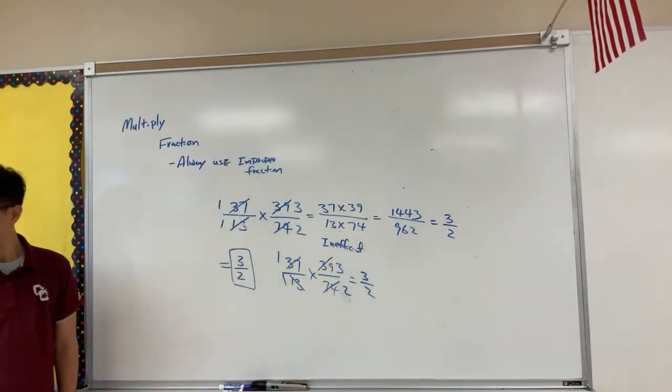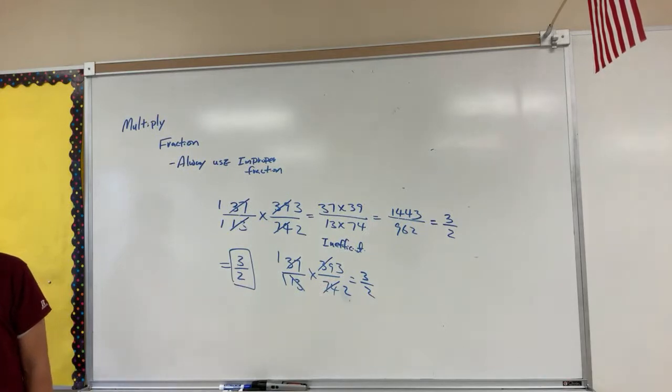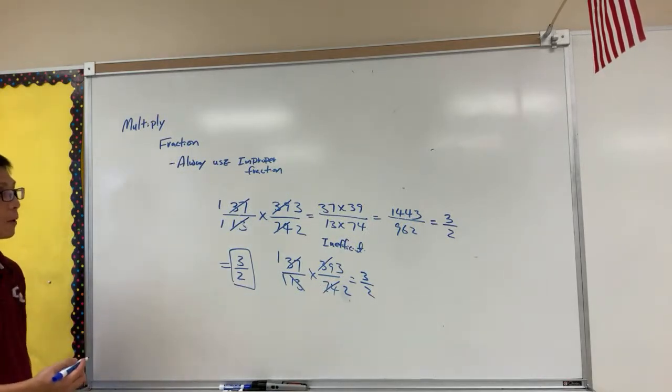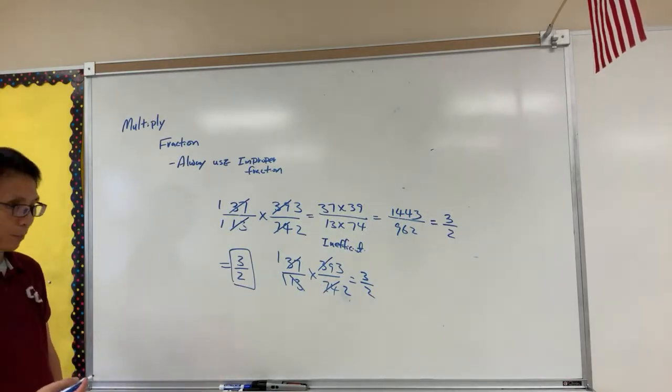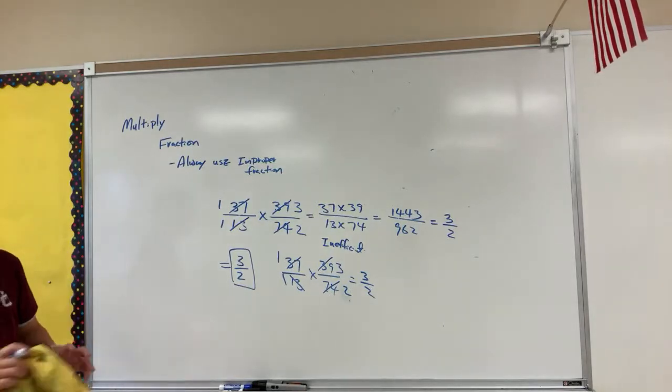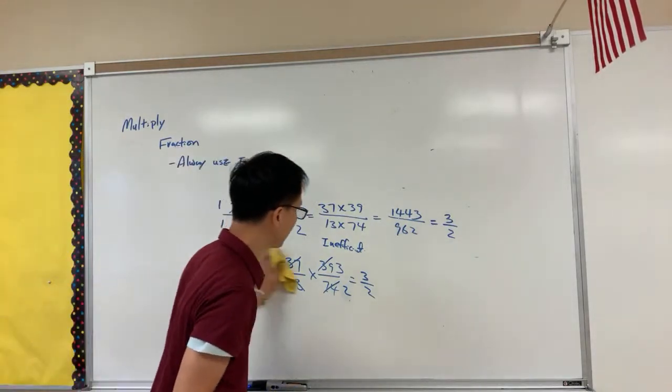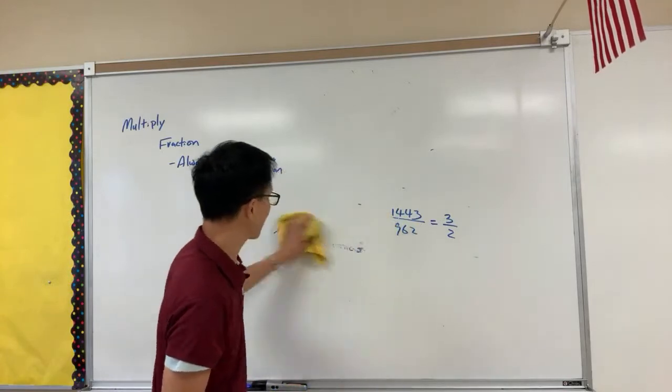Okay. So this is one of the things that you have to be able to do. Now, what do I mean by improper fraction? All the numbers need to be turned into improper fractions when you multiply. That makes it easier.